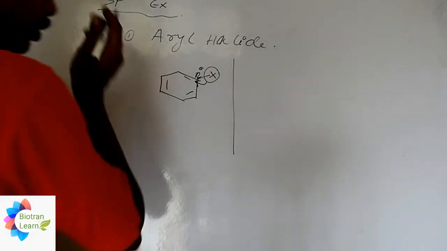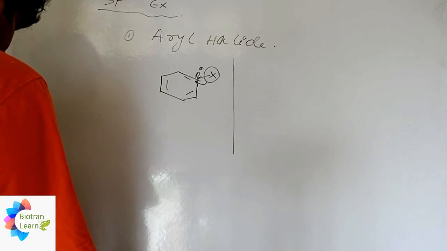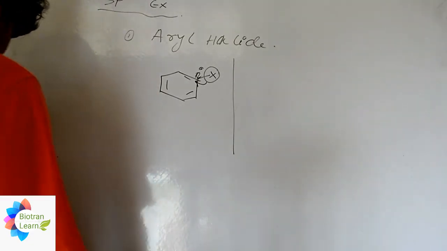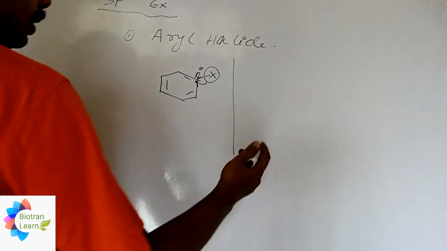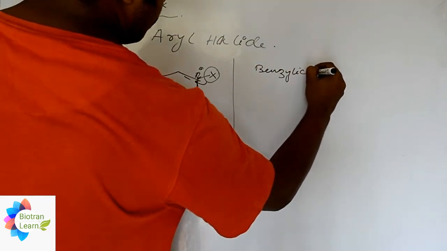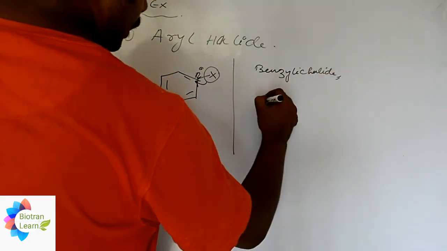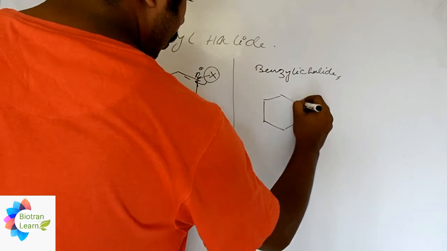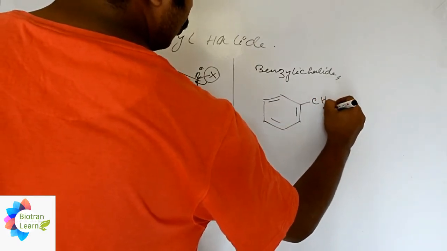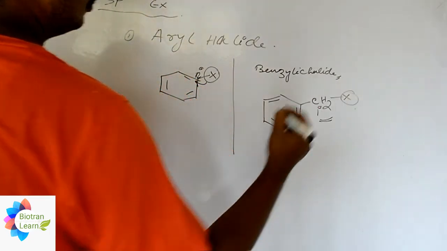But in case of what we have seen earlier, in this particular case, we will be having a benzylic halide. In case of benzylic halide, what we have seen, that a benzene group associated with CH2, then we will get one with this one.